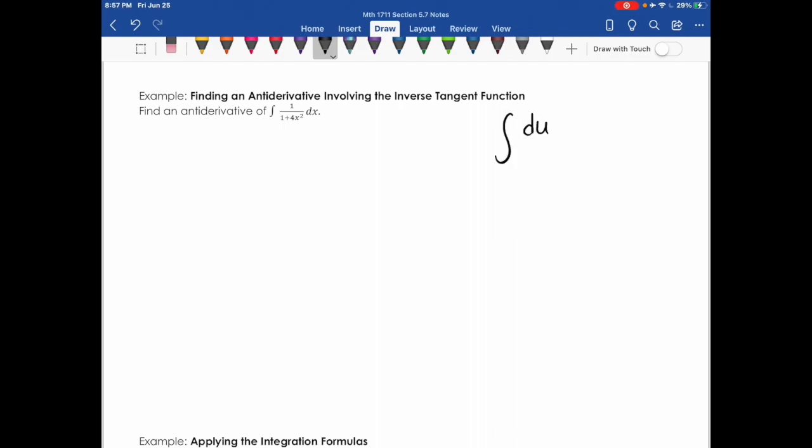So we are going to use du over a squared plus u squared is equal to 1 over a times the inverse tangent of u over a plus my constant. So this will be the formula that we're going to use.